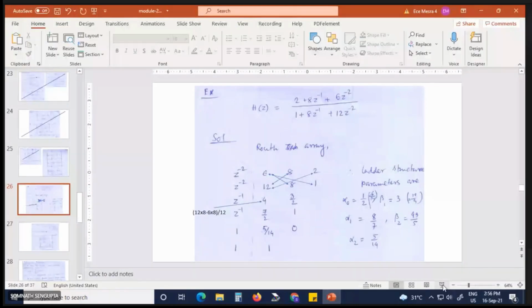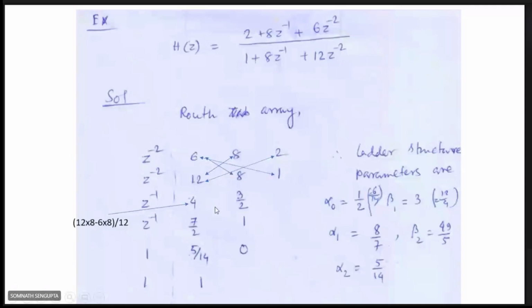So you have to know each and every term of this Routh array. First you have to calculate each and every term of the table. First you write down the numerator coefficients, denominator coefficients, then this way 4, then similarly 3 by 2 you calculate.